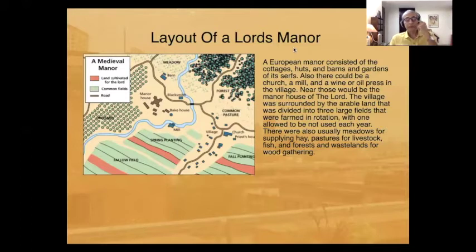So first of all, it's useful to try and recollect how the medieval manorial system operated. This was common in Germany, France, and England, but the English manorial system is classic in its layout. First of all, a very hierarchical system, as you're probably aware. So you had the king.